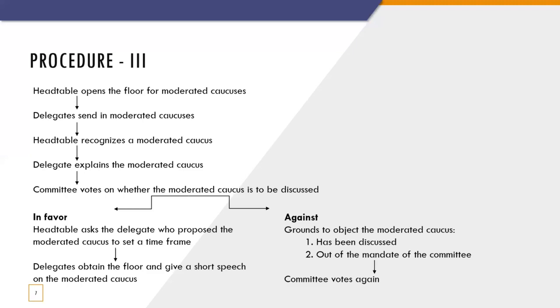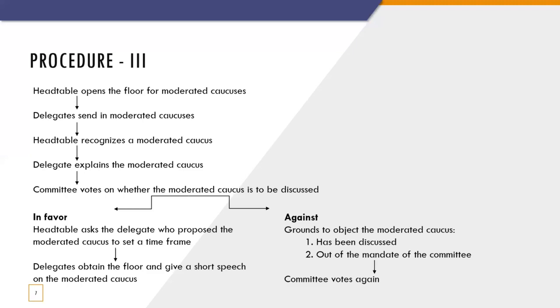So if there is an objection, then the committee will vote. If there's no objection and there are seconds without any objections, the moderate caucus will pass. So there are two situations that happen. In the first circumstance, the moderate caucus passes, then the head table will ask the delegate who submitted the moderate caucus, say that Germany submitted it, to give a time frame and how many speakers are willing to speak.